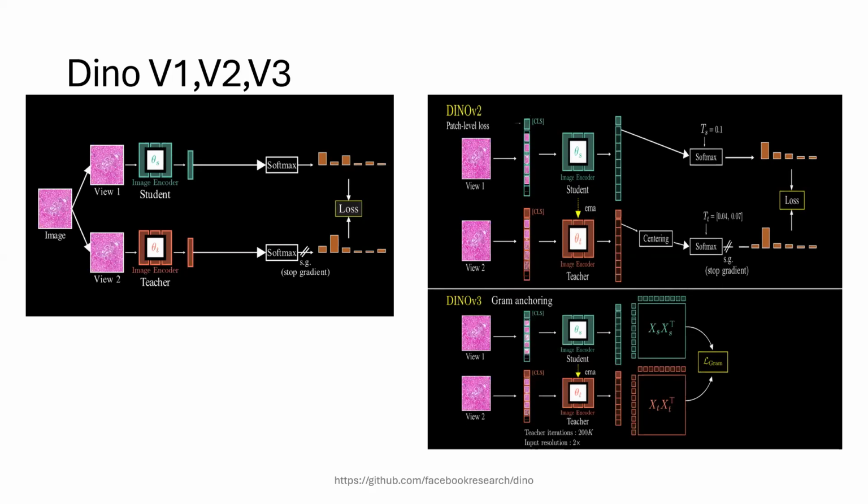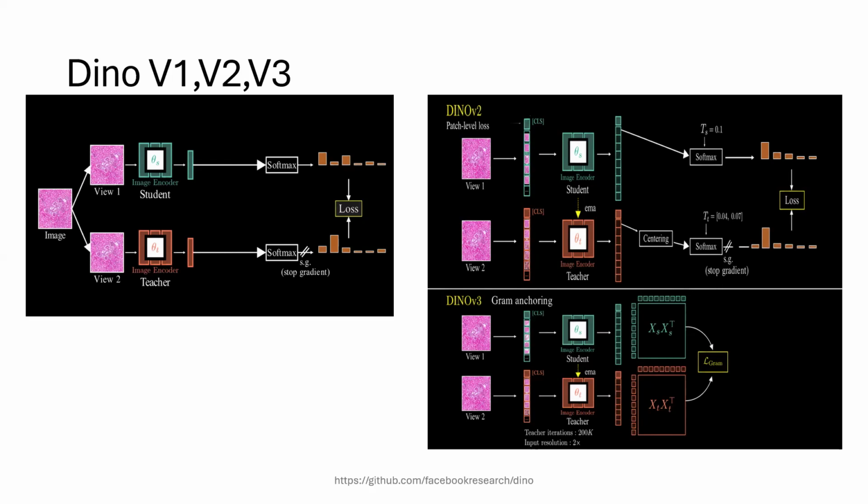And Dino V3 is a newly introduced model, because previously Uni and everything were fine-tuned from Dino V2. If we are going for a new foundational model, Dino V3 should be the default choice. They came up with all the properties of Dino V2, and they have a new feature called gram anchoring.